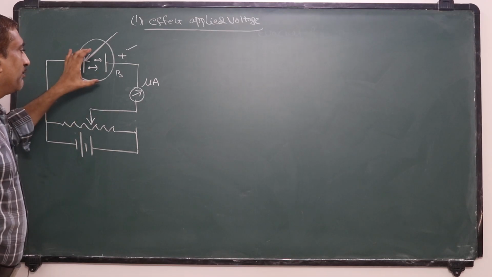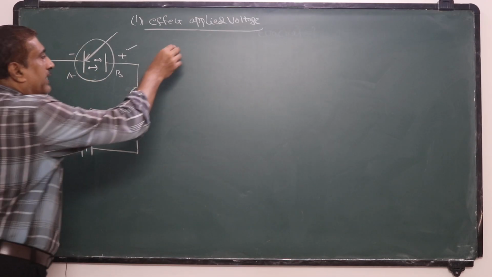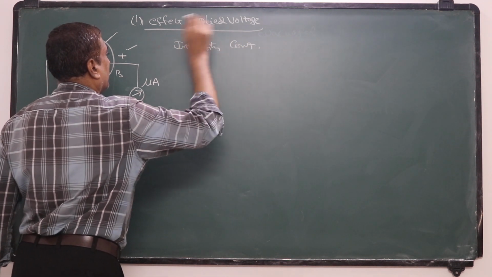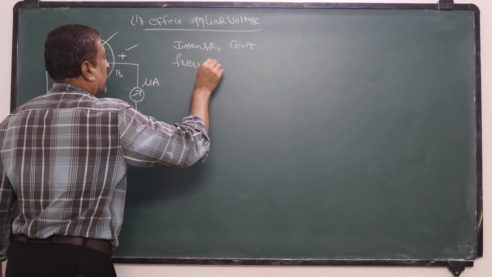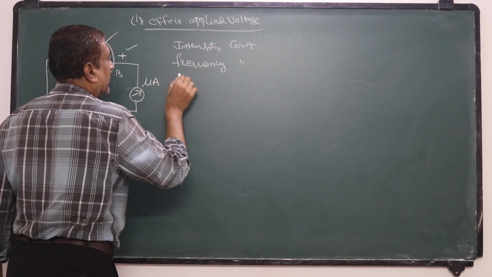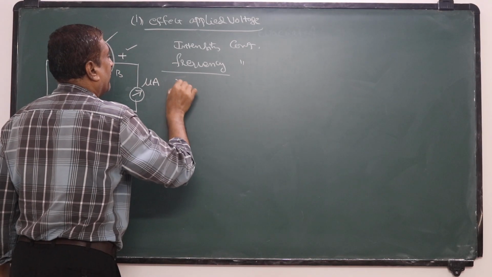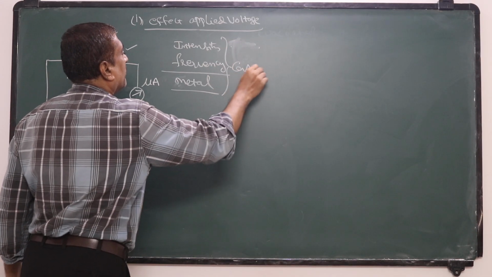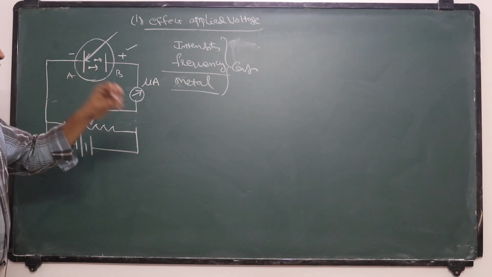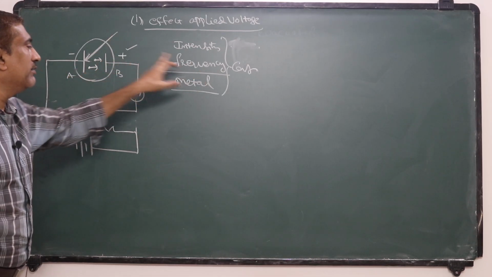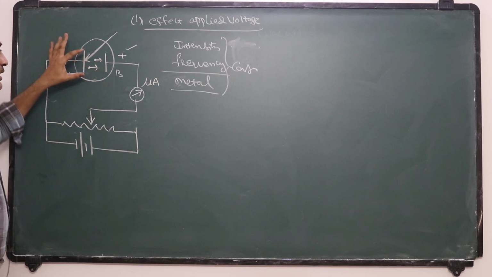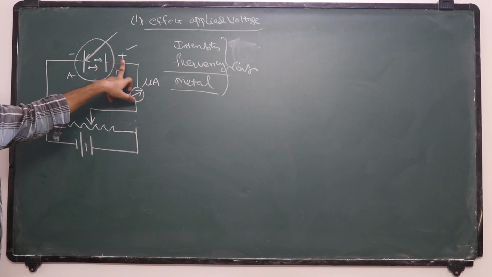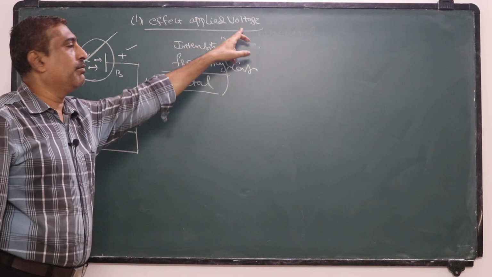First, the intensity of light is constant, the frequency of the light wave is also constant, and the metal is not changed. That means we keep the intensity and frequency of the incident radiation constant, and the metal plate is the same. In that case, we slowly increase the positive potential to study the effect of the applied voltage.